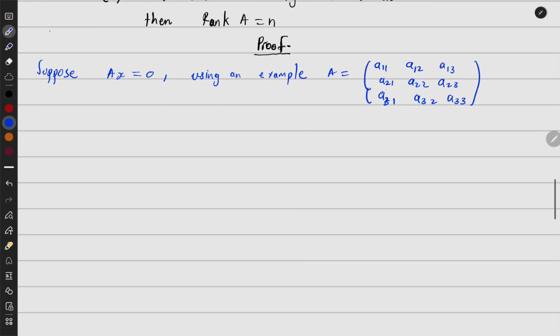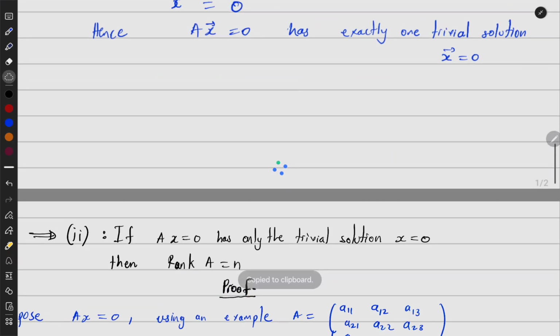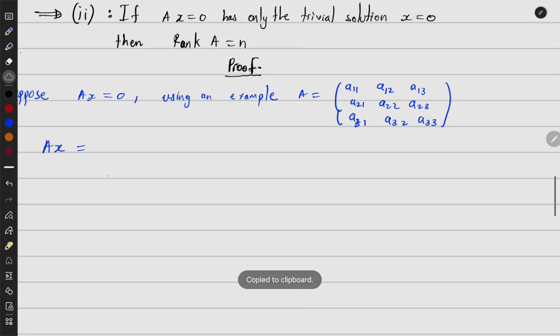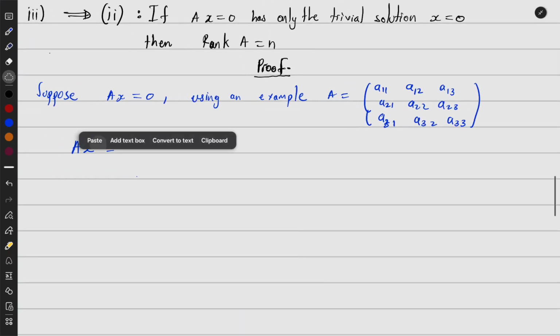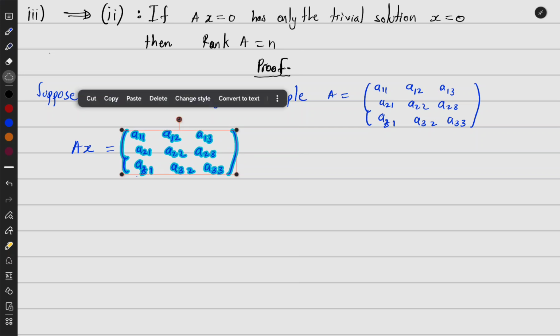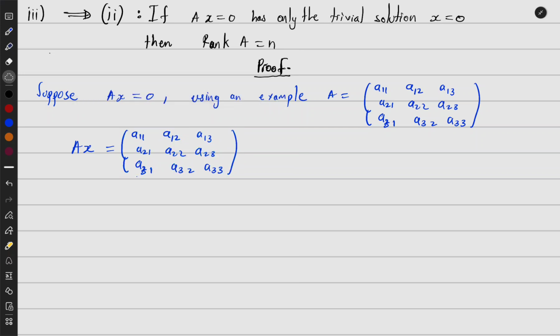So this AX is going to be my matrix here, times X, which is in R3 with entries x1, x2, x3, and this is equal to 0.